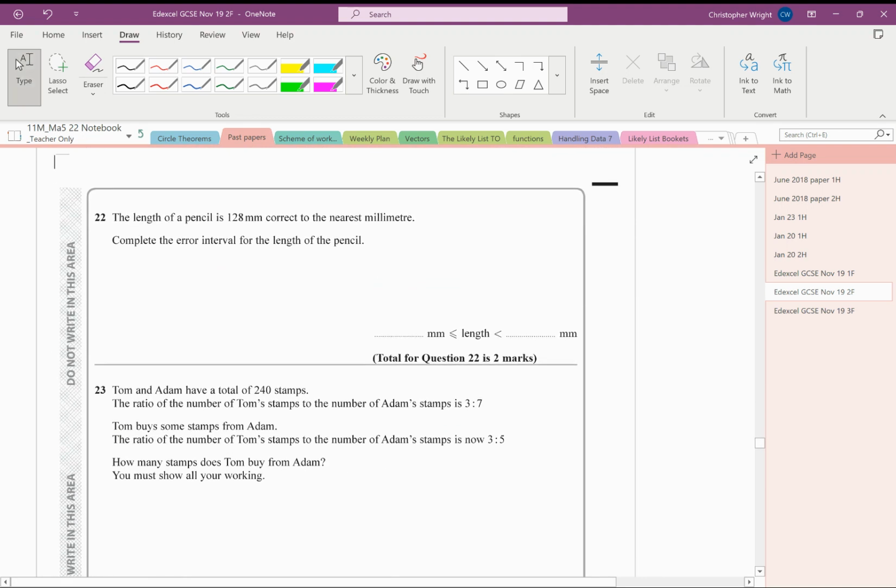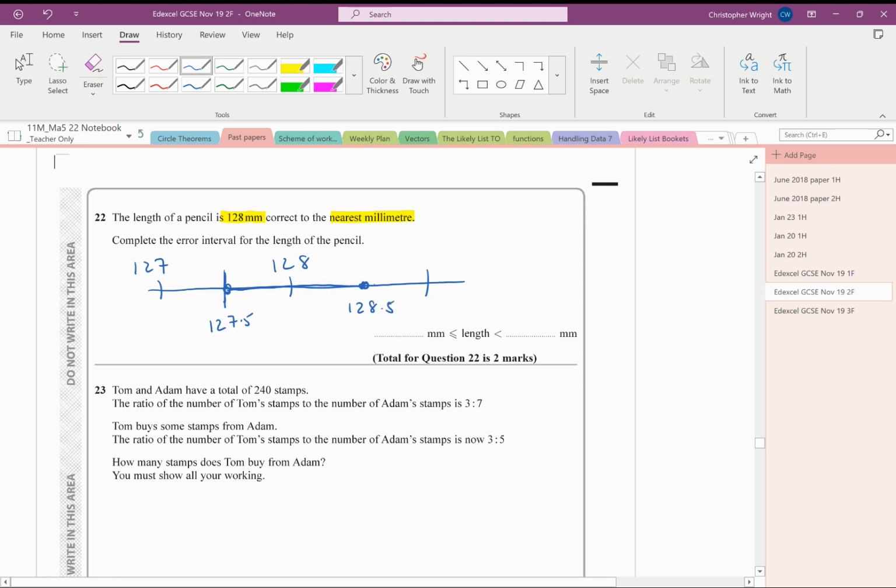The length of a pencil is 128 millimeters, correct to the nearest millimeter. So that means it's not exactly 128 millimeters, perhaps. So 128 to the nearest millimeter means that it must be 127.5 or it could go as high as 128.5.